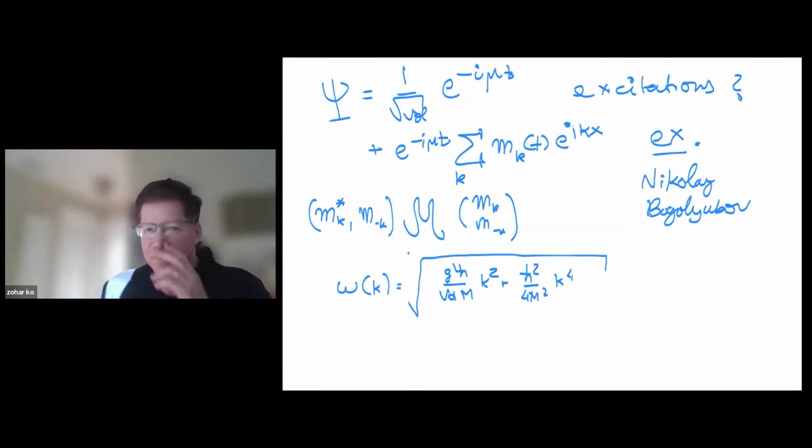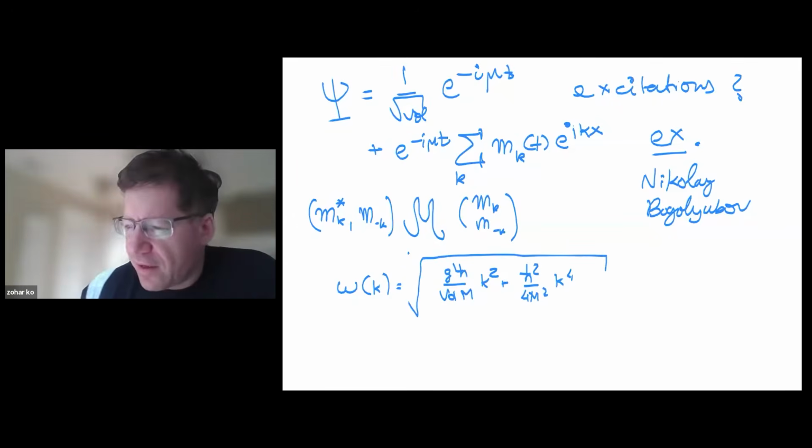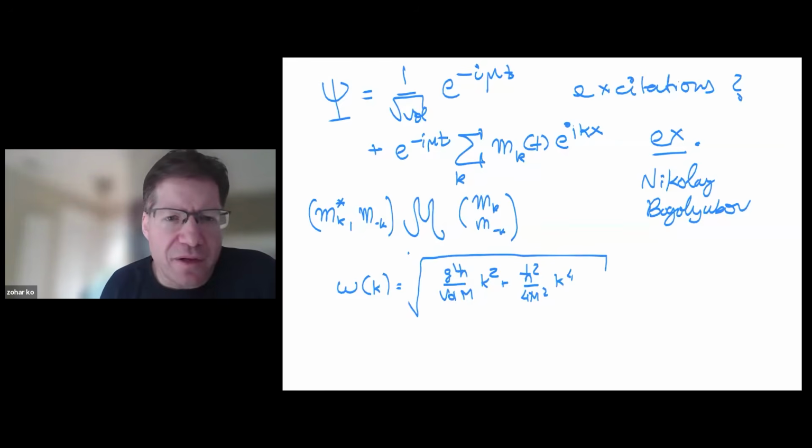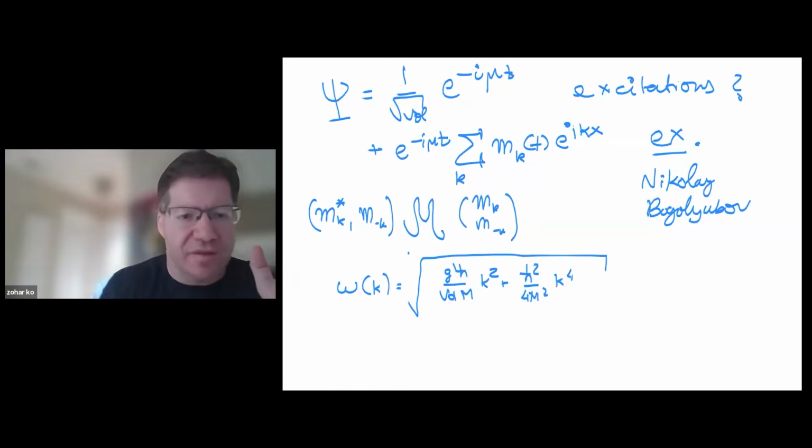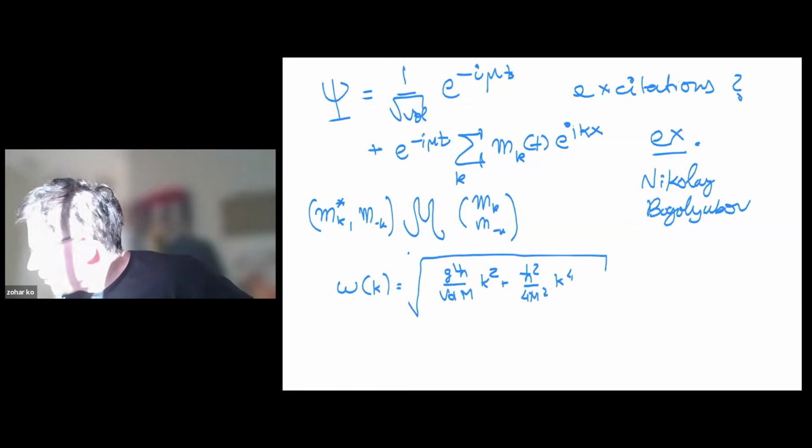So these are the frequencies of these classical modes. And as far as classical physics goes, there is nothing mysterious. These are just the frequencies at which these waves change in time. And there are two limits here that are very important. One is you take the low momentum limit, or you can take the high momentum limit.